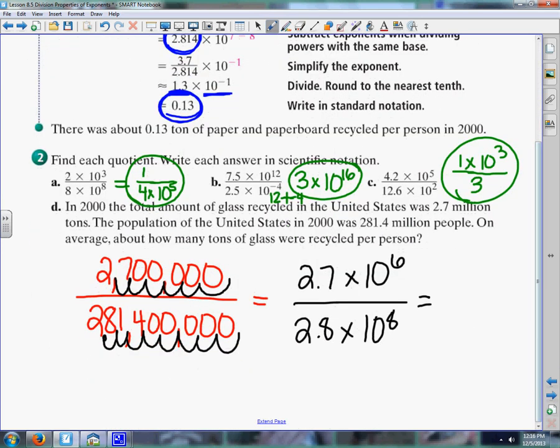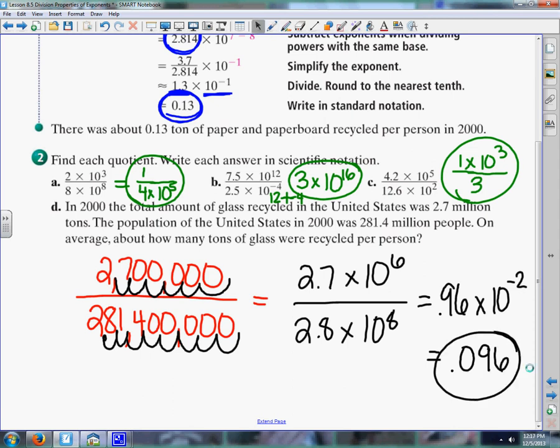So then I have 2.7 divided by 2.8, which is 0.96 times 10 to the negative second. Hold on. Okay, so this is 0.96 times 0.10. So our answer is 0.096. So less than a percent.